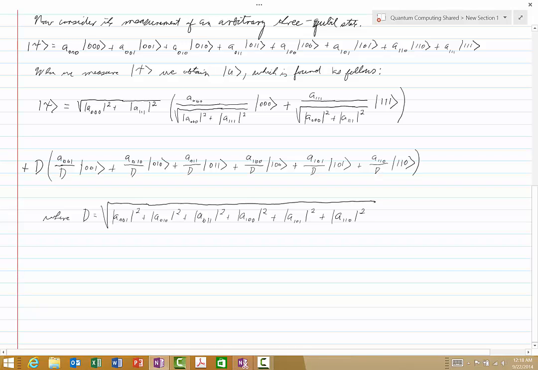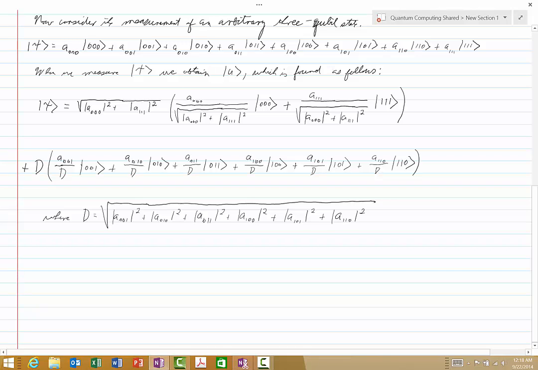And then just as we did in our previous work, here we are going for this S1 term, we're going to divide each by the square root of A000 magnitude squared plus A111 magnitude squared. So notice that we've divided both of these terms by that. And then to maintain equality with what we have up here, if we're going to divide those two terms by that, then we must also multiply them by that.